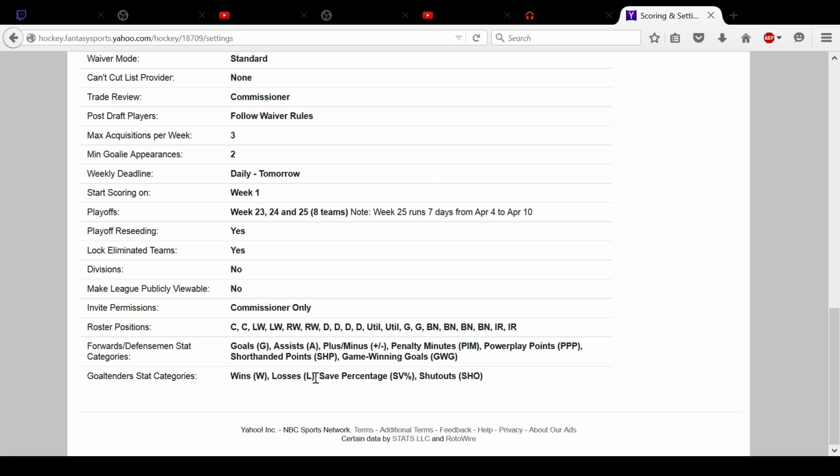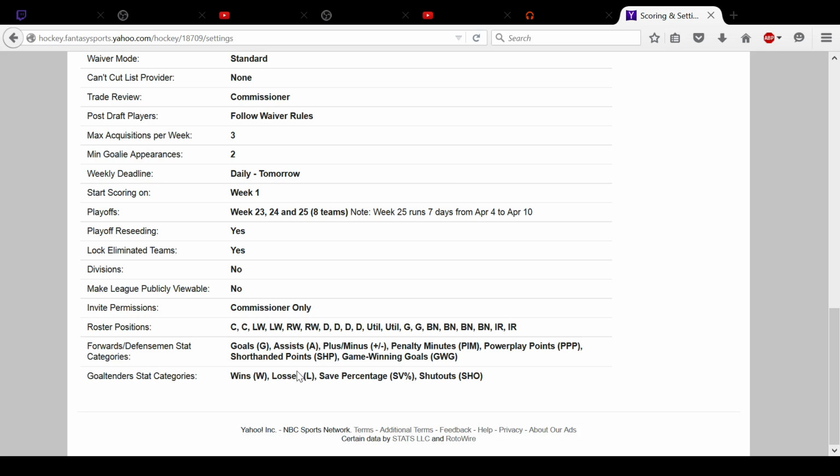Losses is a category that you have to be very careful of, and I was not ready for that this year. And that goes back to the number of goaltenders you have on your team. This is where having 3 or 4 guys on your team can end up being a detriment rather than a benefit when it comes to goaltending. Losses is a category that is just so easy to lose, even with quality guys, if you have 3 or more goaltenders.